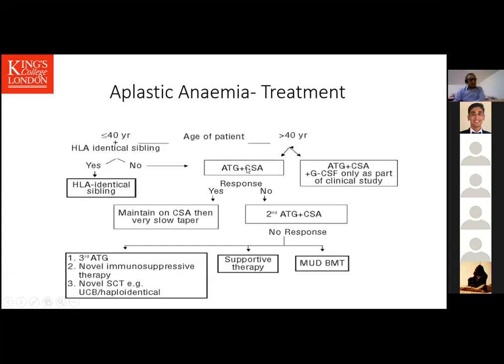And then if you have patients above 40, then straight away you should do ATG and CSA with GCSF or growth factors. And then depending on how you get the response, either you can further proceed to the transplant, or you can try other novel therapies for aplastic anemia.